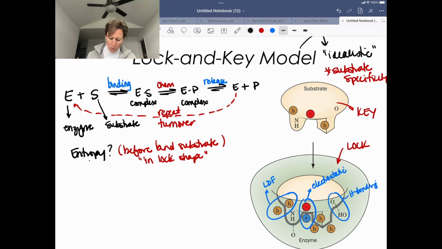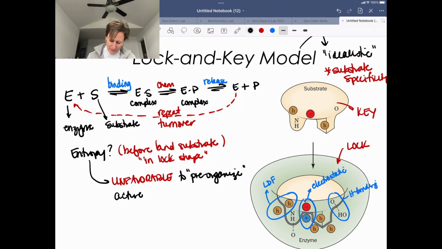So importantly, we see that this is going to be highly unfavorable entropy to pre-organize. And so that's the term that we're going to use, pre-organize our active site into that lock shape. So it's unfavorable to form that lock shape and freeze out that molecular motion if we don't have the key bound there.